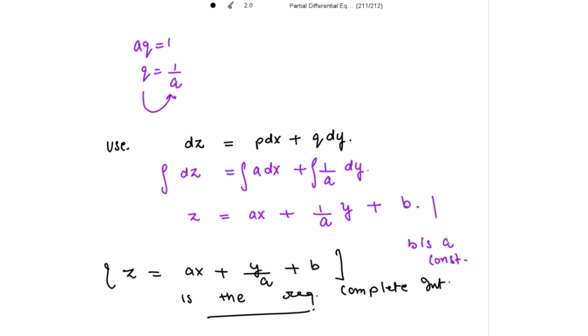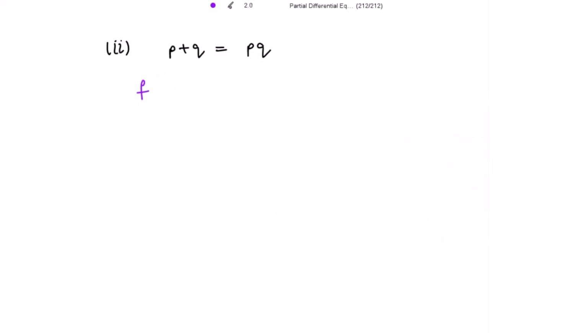Similarly, the next example. Here also we are taking f to be equal to p plus q minus pq, right? And now by the Charpit's equations, I have considered the ratio dp divided by 0 to be equal to 0, right? Or you can straight away write that by Charpit's equation we have dp equal to 0. But in the exam you have to write all the equations, all the details, right?